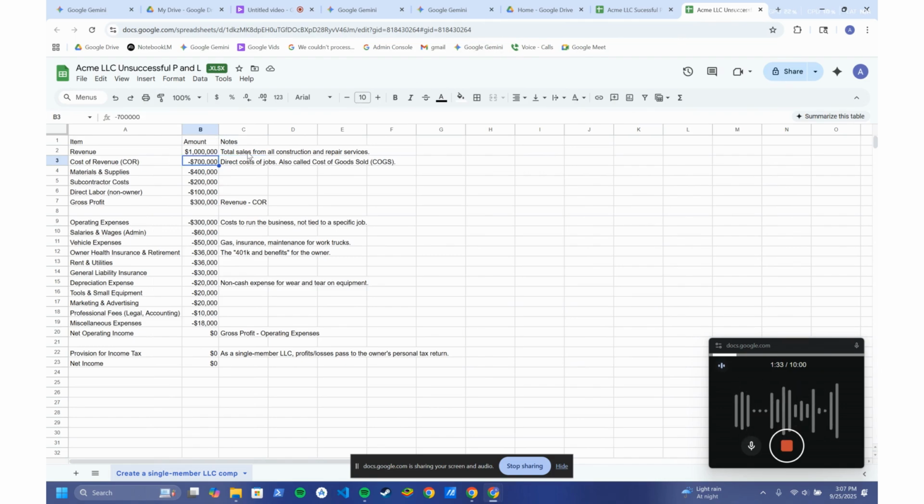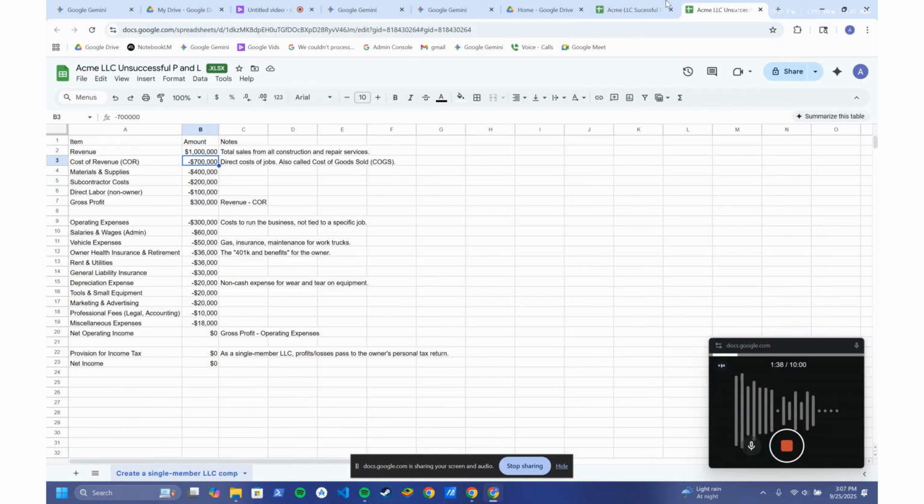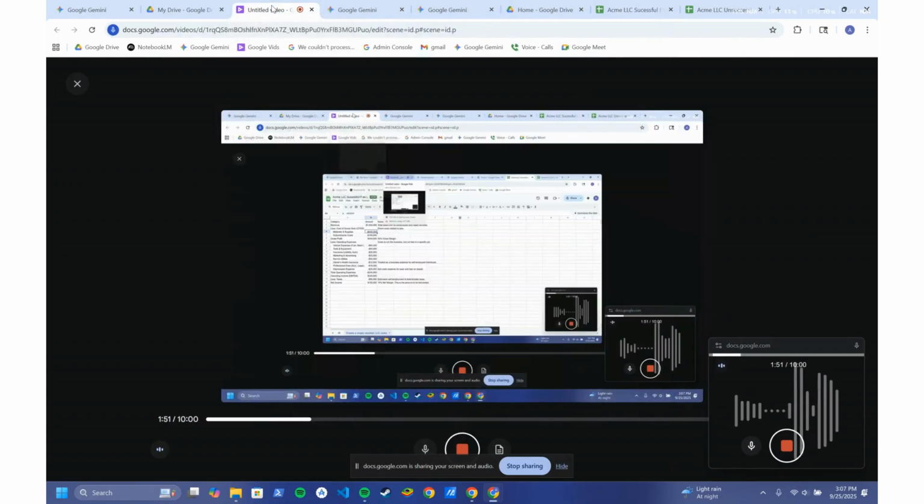So they're spending way more on the cost of goods sold. What is that? 300,000 or more on the unsuccessful company, which is pretty much going to take down any company when you have an extra 300,000 there.